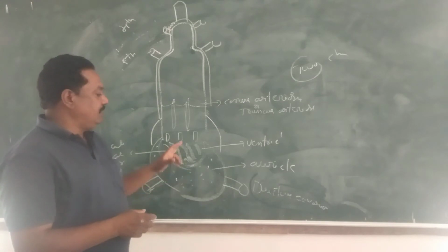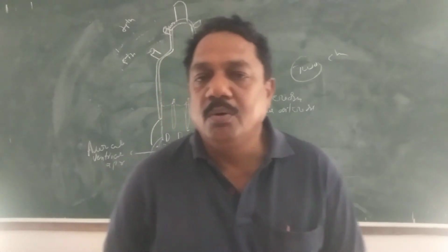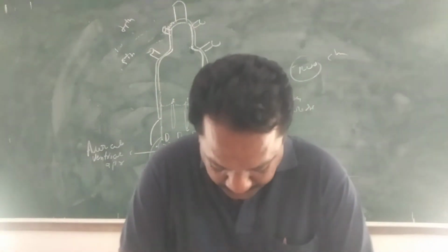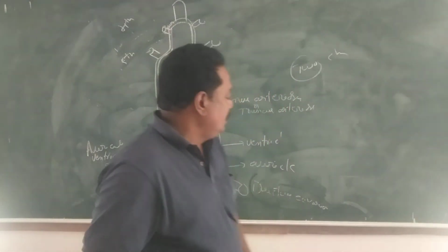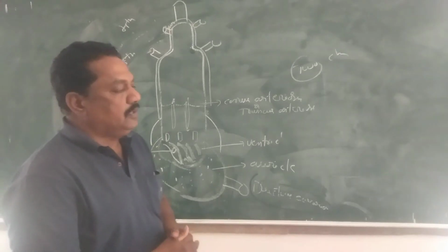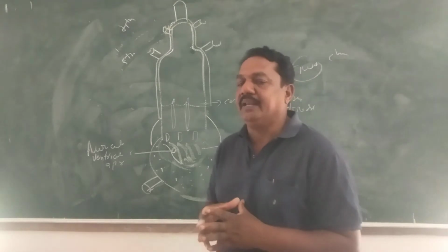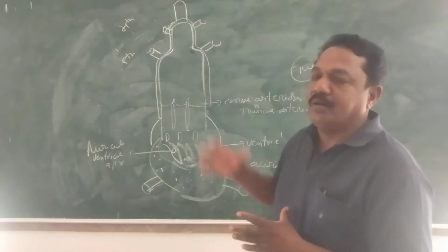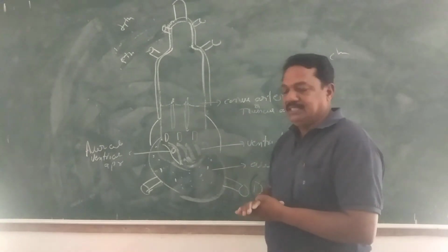The auricle communicates with the ventricle through an auriculoventricular aperture. After communication, the ventricle is very important. It is cone shaped. The auricle is the collecting chamber, and the ventricle is the distributing chamber.